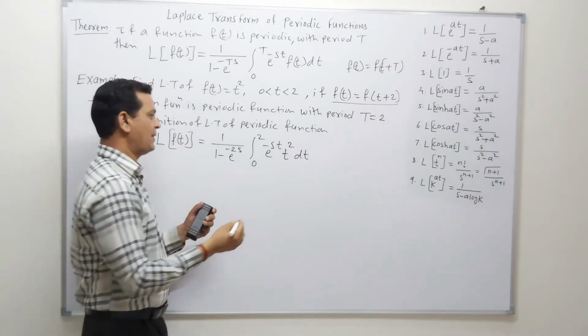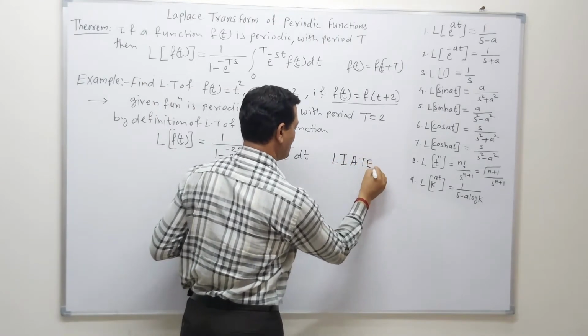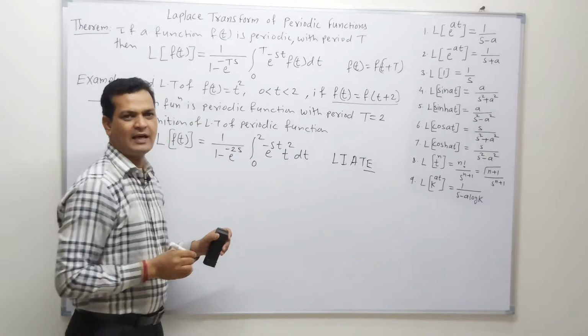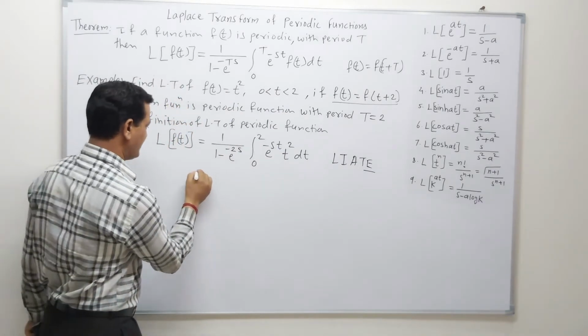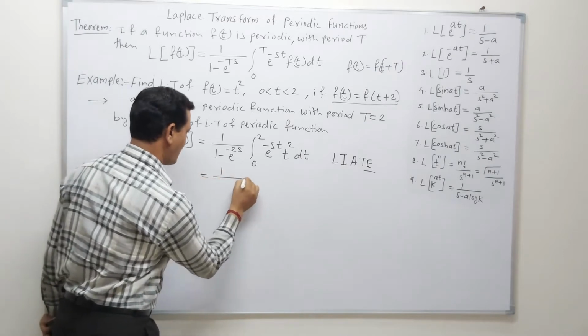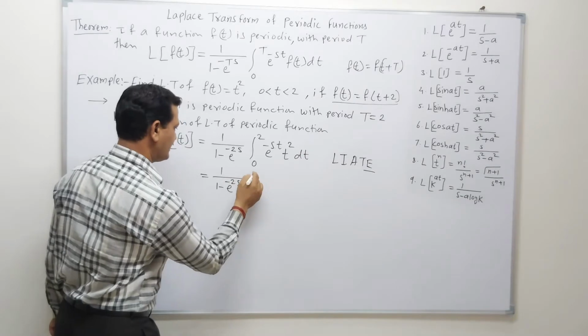If we apply the LIATE rule, exponential is the last function and this is an algebraic function, so we take it as the first function, and write 1 upon 1 minus e raised to minus 2s as it is.